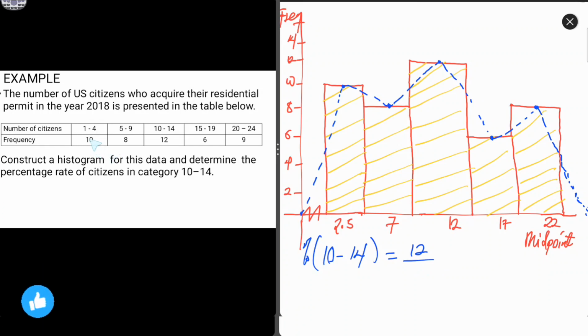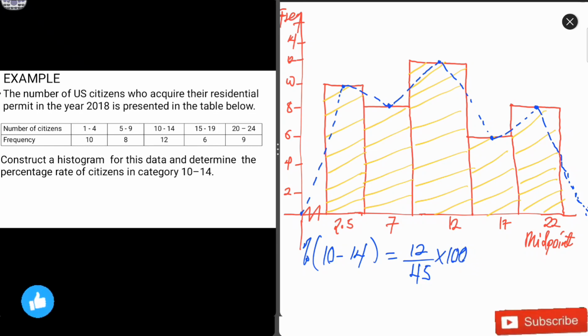The total frequency here is a matter of adding all the frequencies of the various class limits. So 10 plus 8, 18 plus 12, 30 plus 6, 36 plus 9 should fetch you 45. So 12 divided by 45 and then multiply by 100.